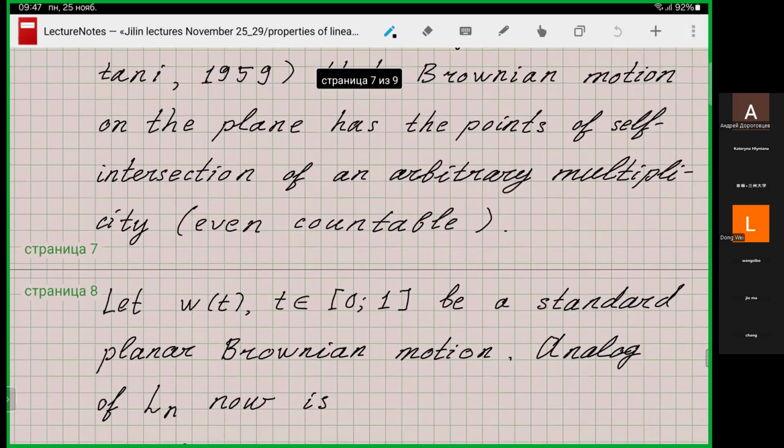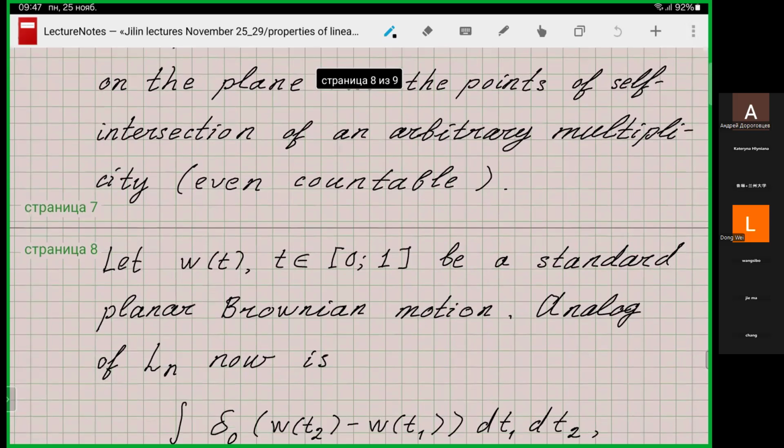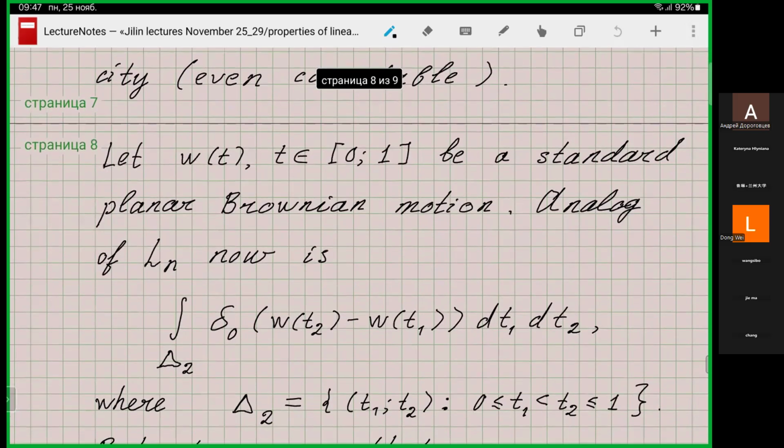So let Wt be a standard planar Brownian motion. Then the analog of Ln, the number of self-intersections for the simple random walk, in this case can be an expression of the following kind. This is the integral over the simplex delta 2 of delta 0 of Wt2 minus Wt1, dt1 dt2. Here delta 2 is a simplex, 0 is less than t1, less than t2, less than 1.